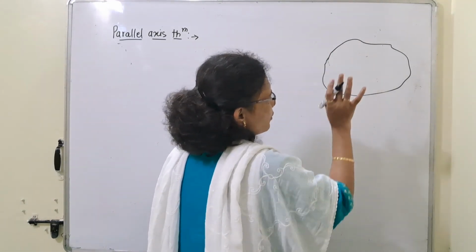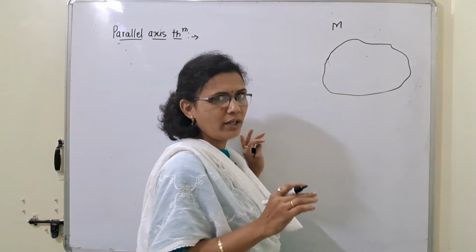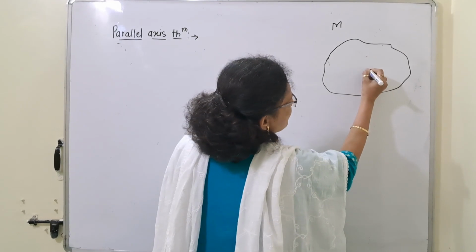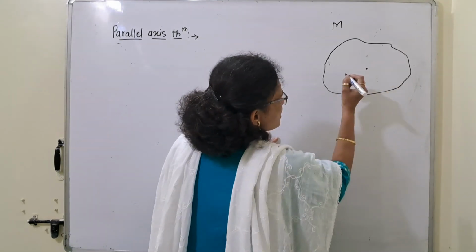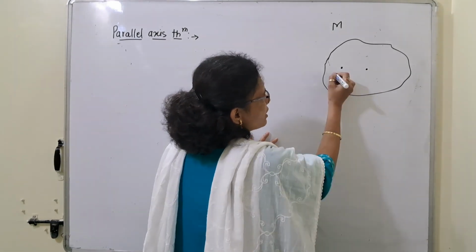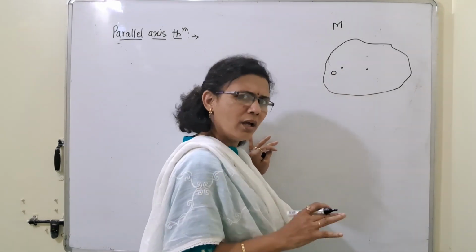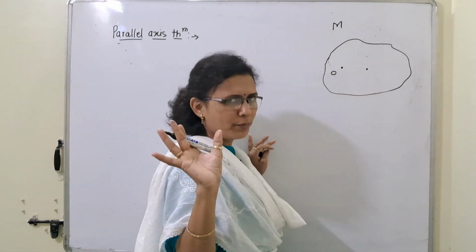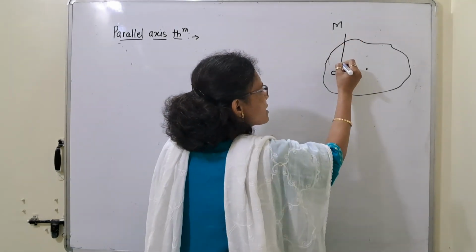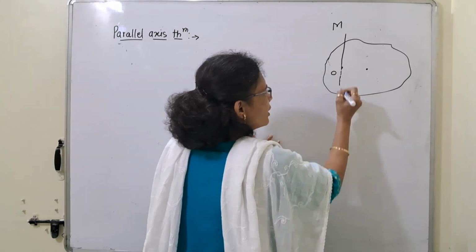So this is one body which has mass capital M. Let us consider this point as the center of mass, and we have to find the moment of inertia about an axis passing through this point O, which can be any arbitrary point of that body. So I will consider this axis which is passing through this body.